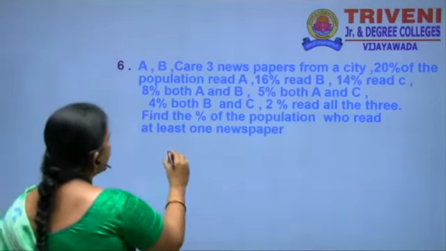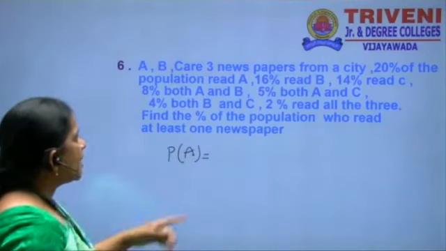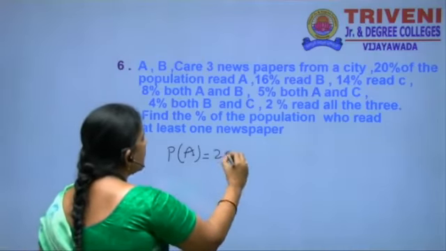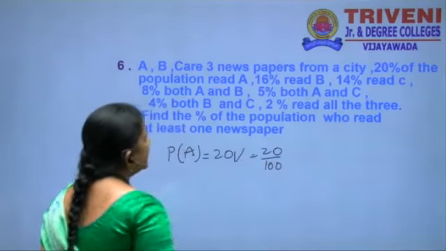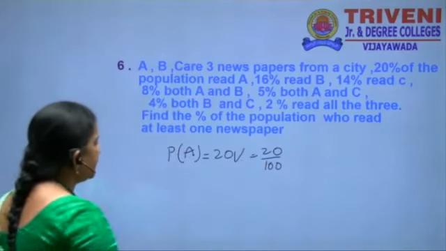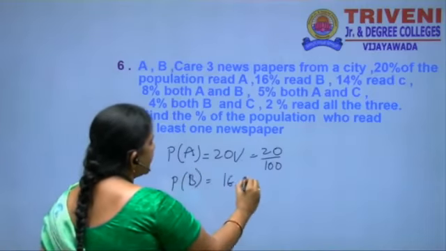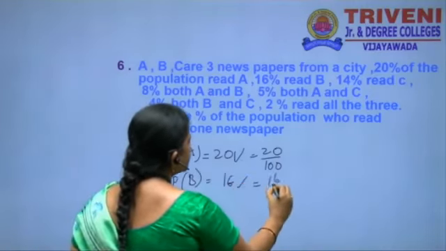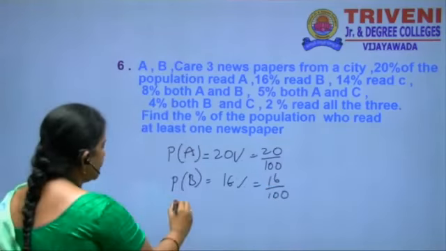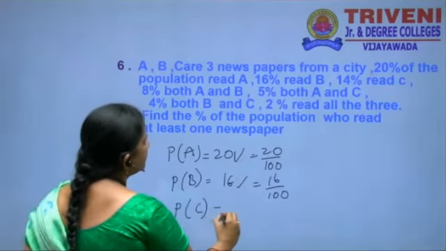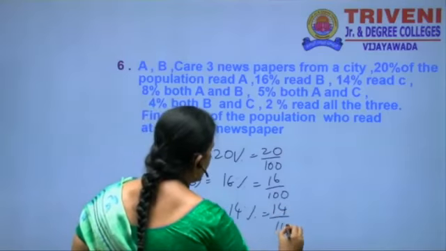Then we take it as P of A is equal to 20% of the population, that is equal to 20 by 100, and 16% read B, that is P of B is equal to 16%, that is 16 by 100, and 14% read C, that is P of C is equal to 14%, that is 14 by 100.